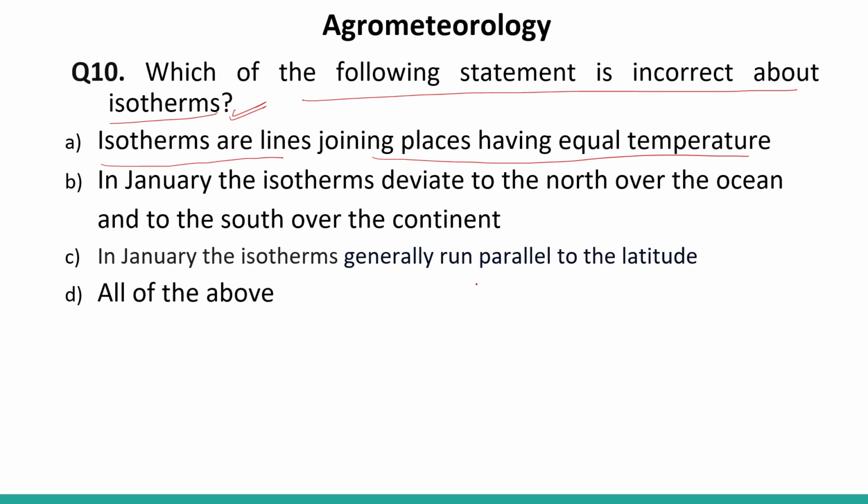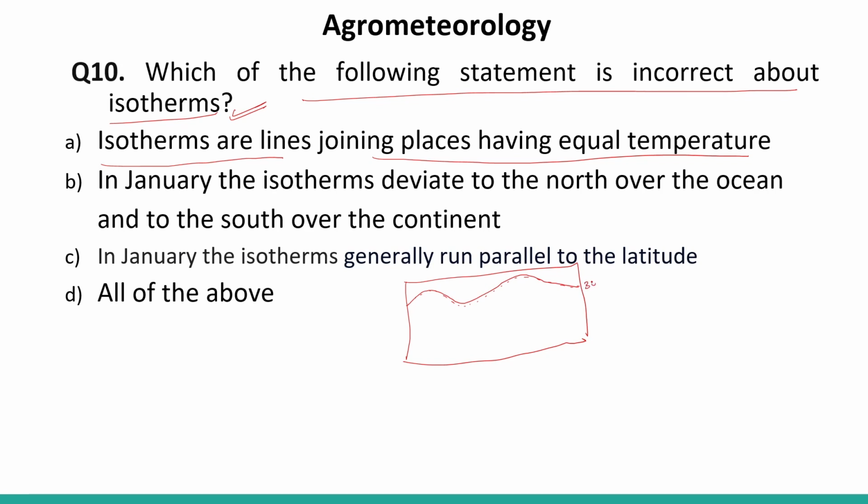On a map we plot a line having equal temperature, and that particular line is called an isotherm. It shows that these particular regions have equal temperature.